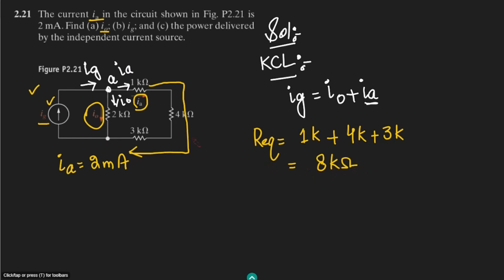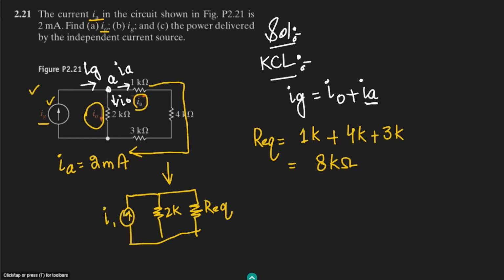This is the equivalent resistance here, and if we look at the equivalent circuit, we can see that this equivalent resistance, this 2 kilo ohm resistance, and this current source are in parallel with each other.